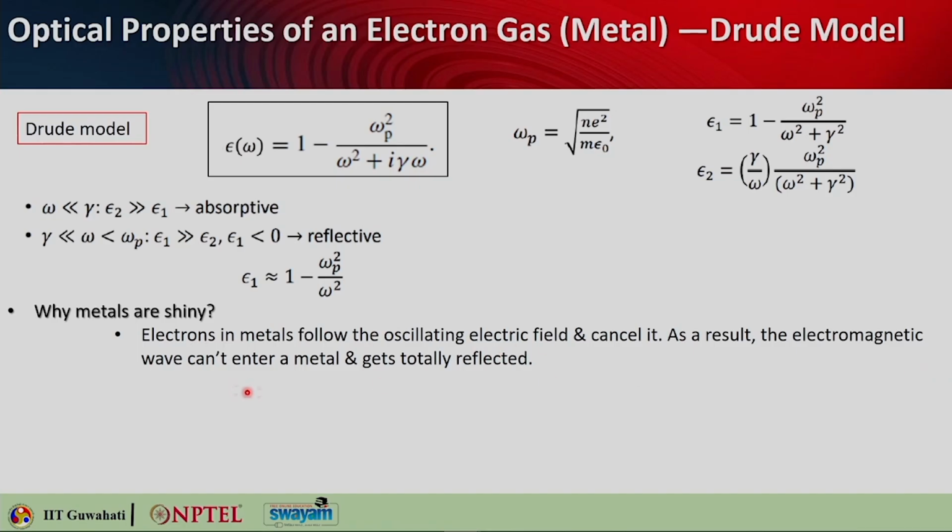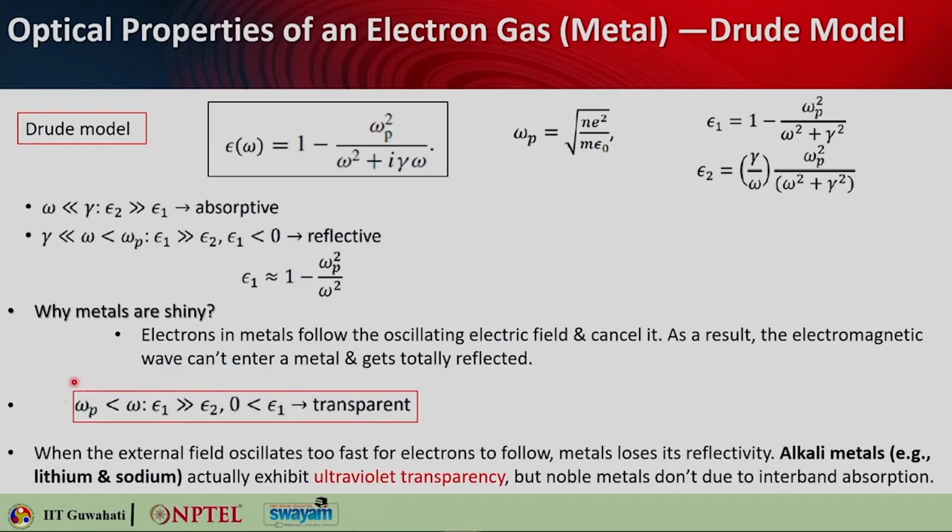As a result, the electromagnetic fields are not able to enter the metal, okay, and get totally reflected, and that is why metals are always shiny. You can look at your silver or gold ring or any other metal for that matter, and you will see that it is more or less reflecting in the visible wavelengths.